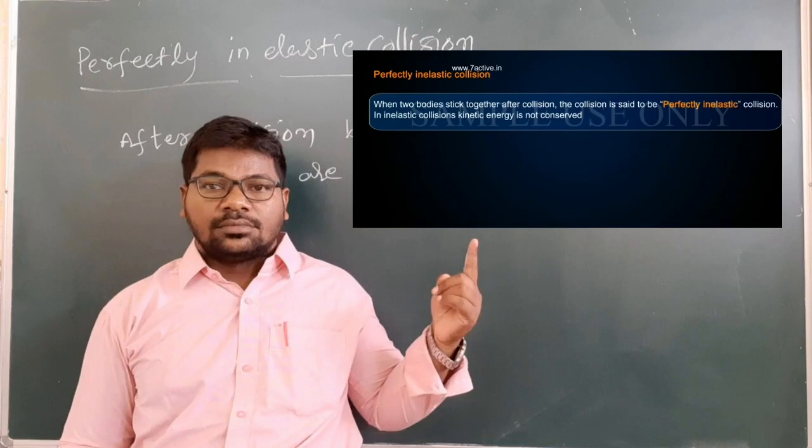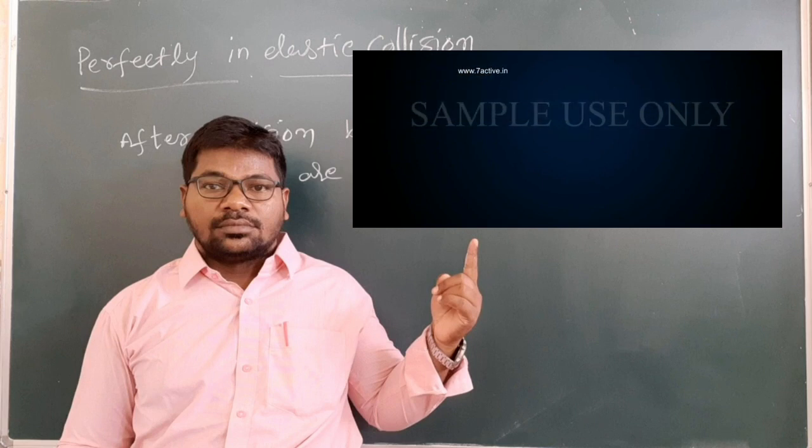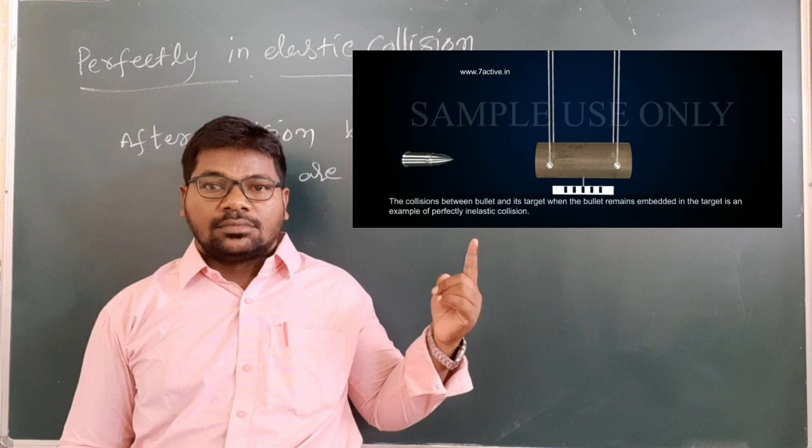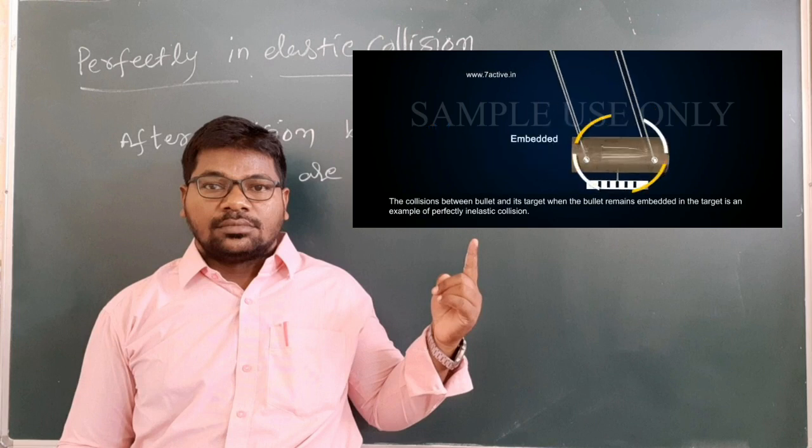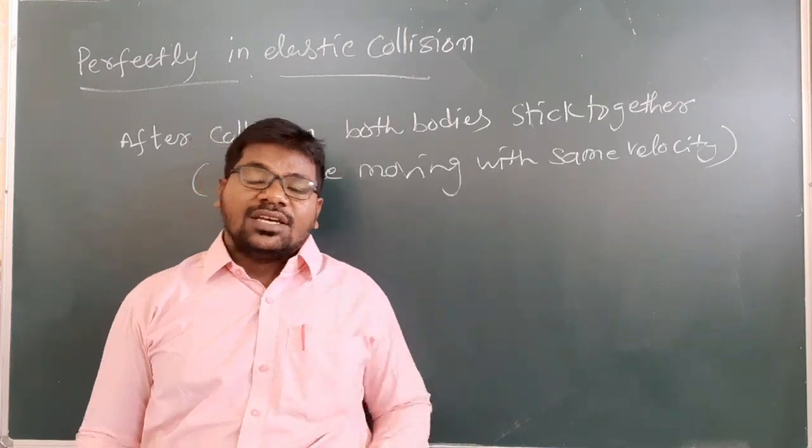When two bodies stick together after collision, the collision is said to be perfectly inelastic collision. Consider an example: a bullet and target. The bullet is fired from the gun, so the bullet and target move with the same velocity, stuck together.